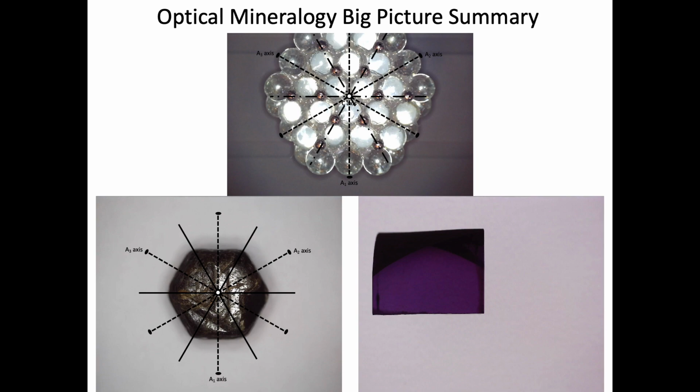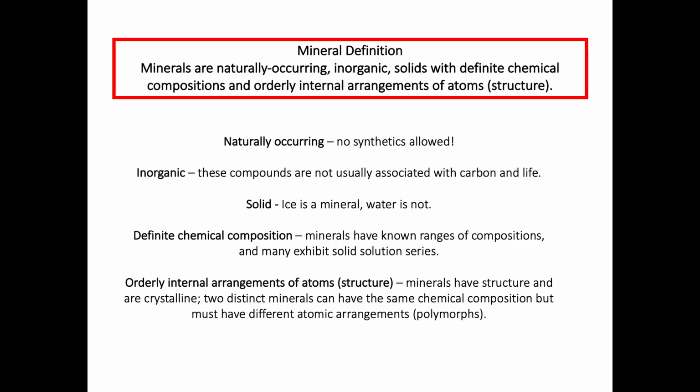So let's get to it now and take a look at what a mineral is. There are 5 main characteristics which define a mineral, some of which are a bit squishier than others, but for our purposes, the definition we'll use is that a mineral is a naturally occurring, inorganic, solid, that has a definite chemical composition and an orderly internal arrangement of atoms.